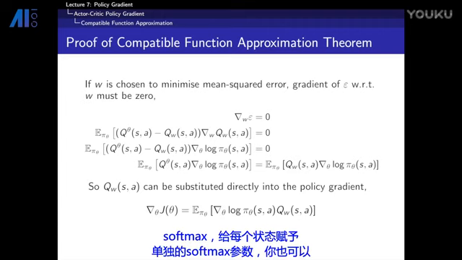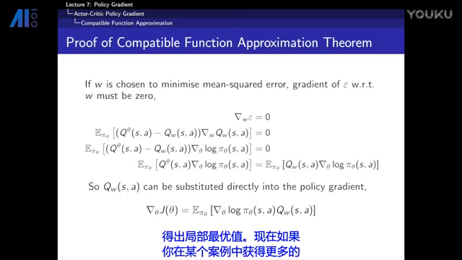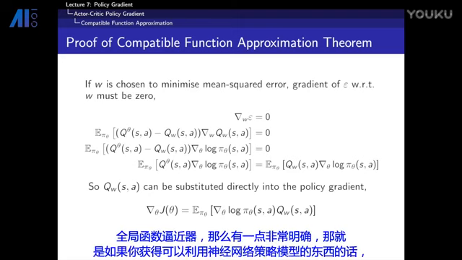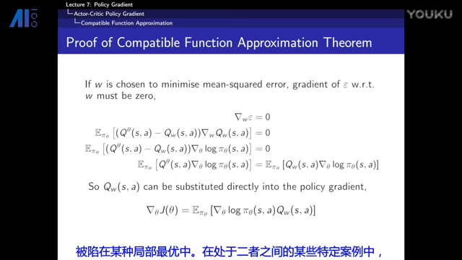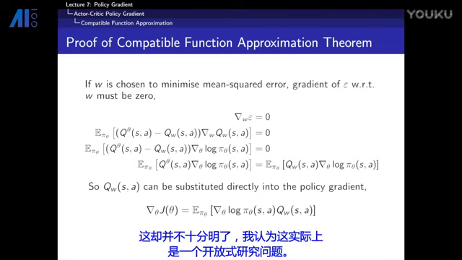So if you have a softmax with separate softmax parameters for each state, you also achieve a global optimum. Now, for the case where you've got some more general function approximator, it's clear that if you've got something like a neural net, neither method will guarantee that you find a global optimum. You can always get trapped in some kind of local optimum. For certain special cases in between, it's unclear, and I think it's an open research question, actually.